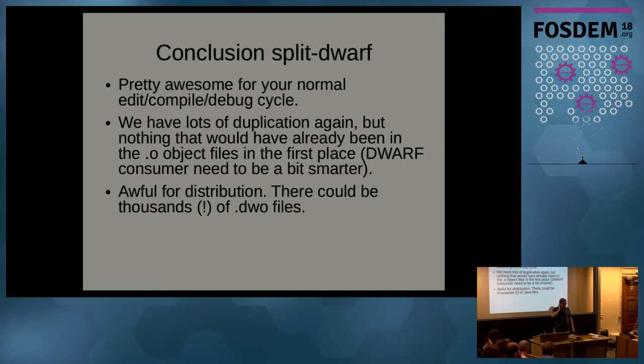It's awful for distribution because some programs are links of thousands of O files, and you really don't want to ship thousands of DWO files. I'm also not sure people have used this in anger yet with thousands of DWO files, because for elfutils I try to be smart and it's all very lazy, so we just open the DWO files and only read them when we need to.